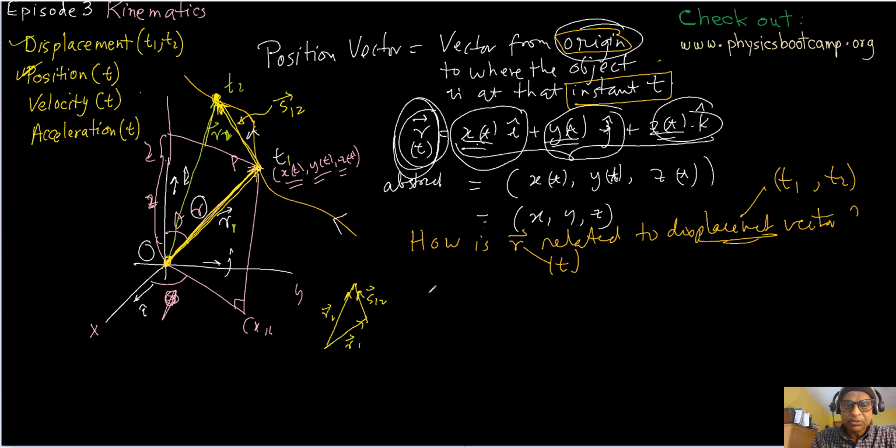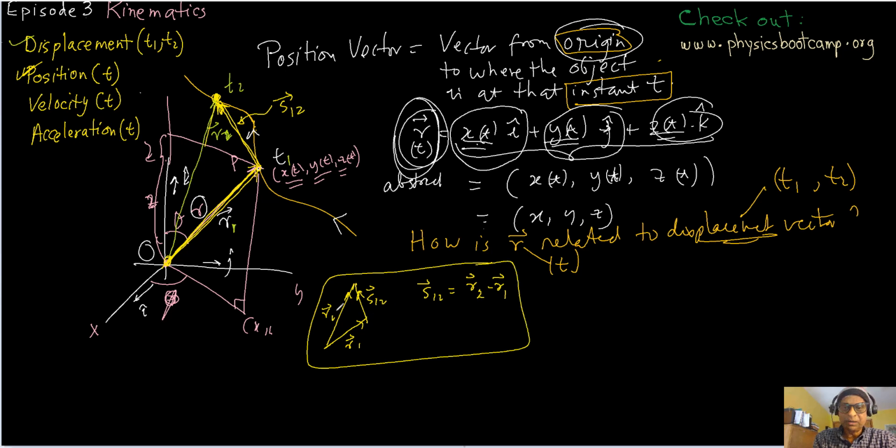So this vector equals the sum of these two vectors. So S12 vector is equal to R2 vector minus R1 vector. So this is actually subtraction of these two. So from this triangle diagram of different vectors in different directions, you know the displacement can be obtained from the position vectors at those two times.